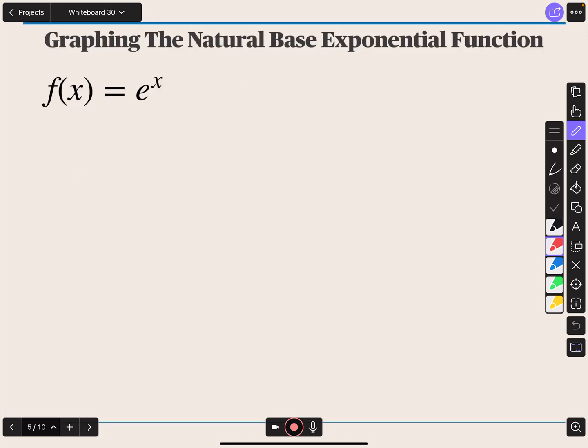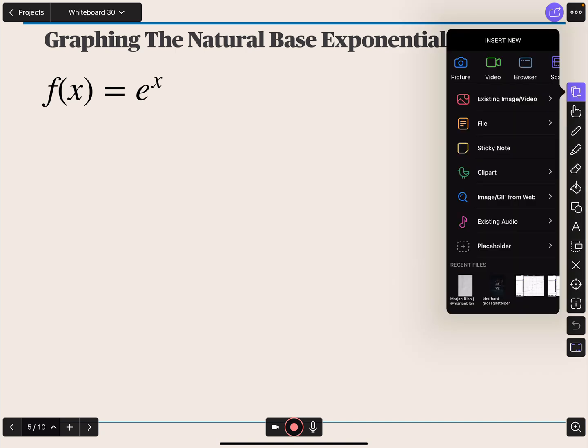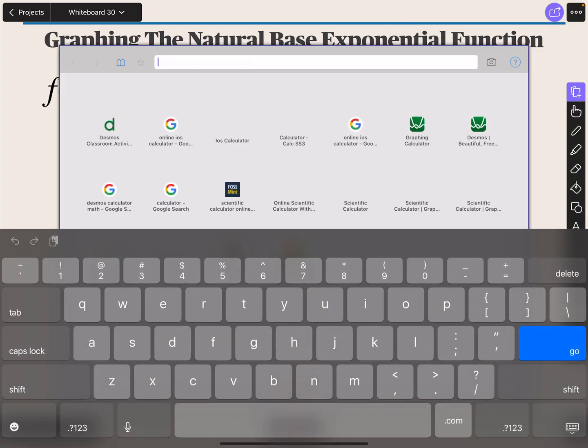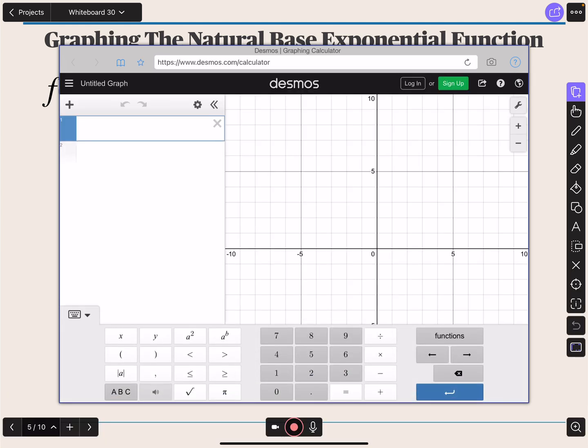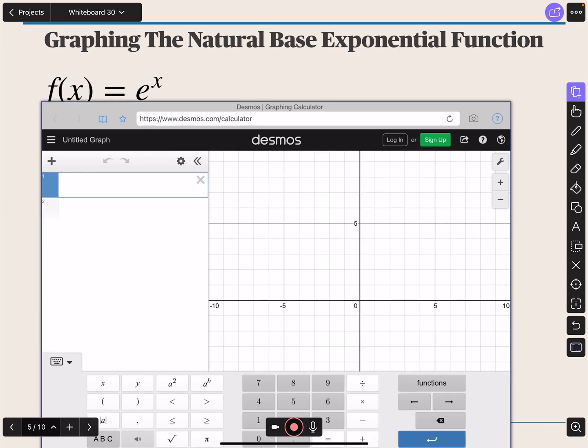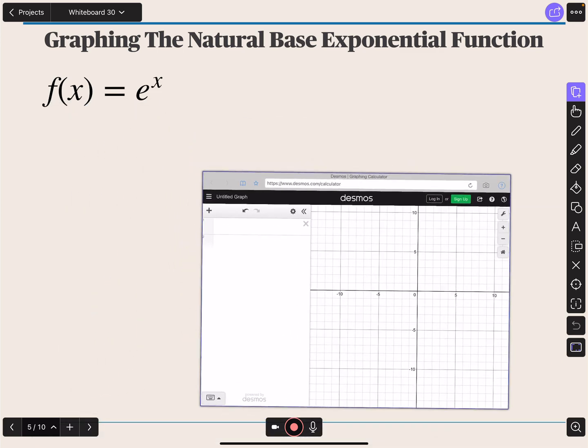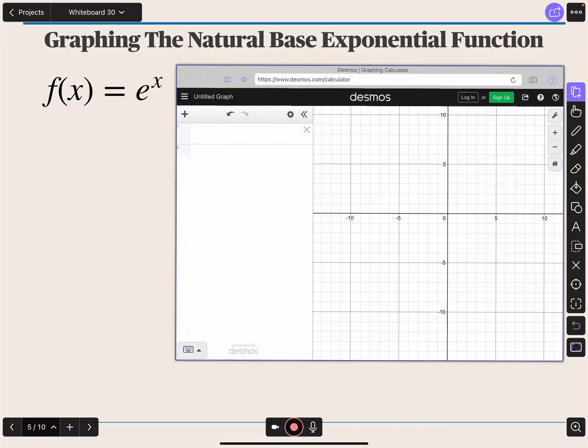Let's go ahead and look at graphing the natural base exponential here. And let's go to Desmos. So let's take a look at the base function.